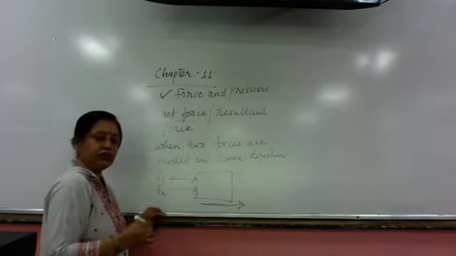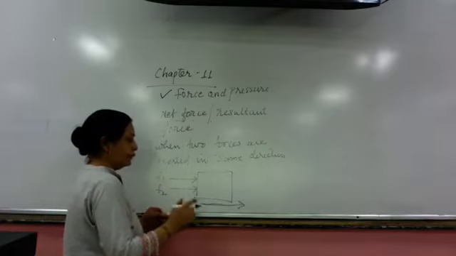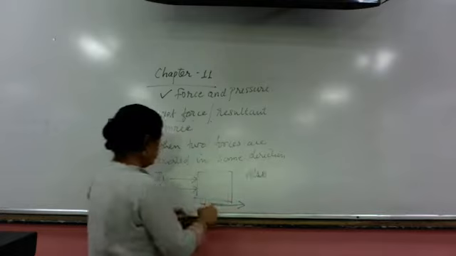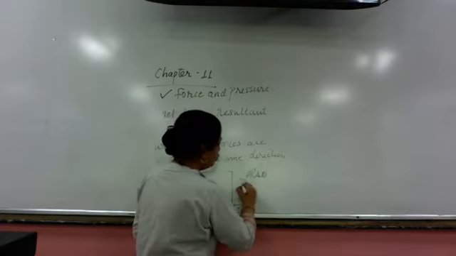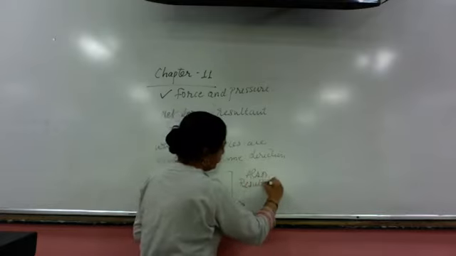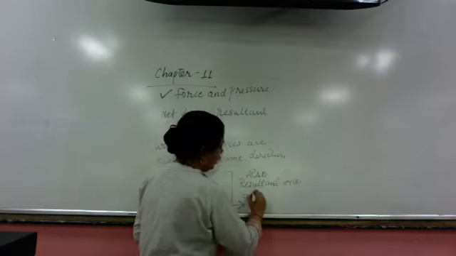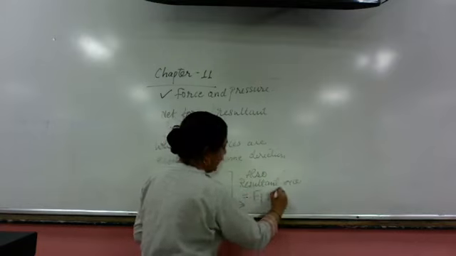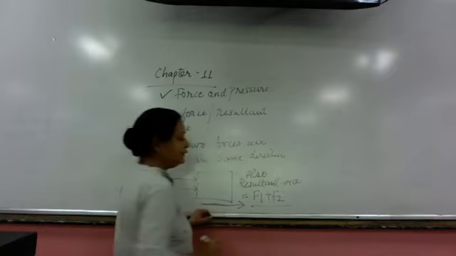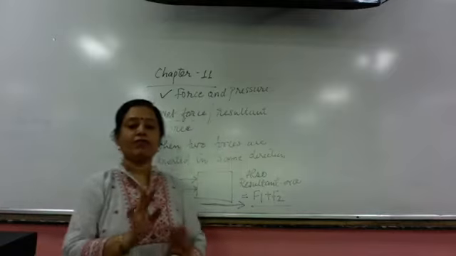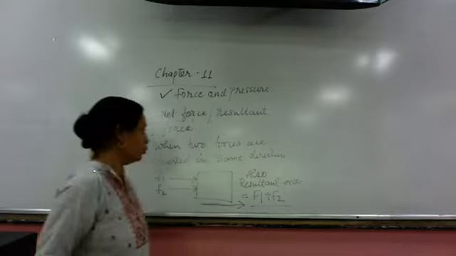So, the resultant force is equal to F1 plus F2. It means it will be the sum of F1 and F2.